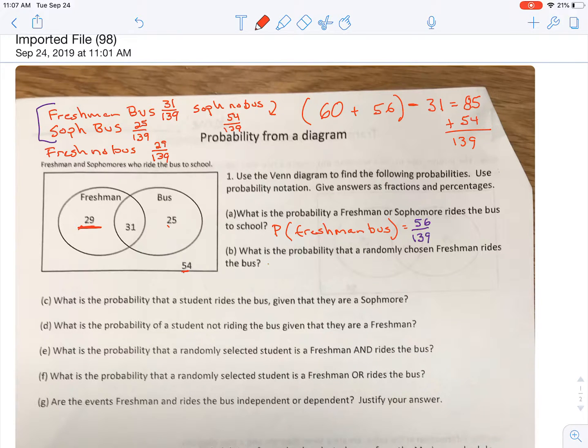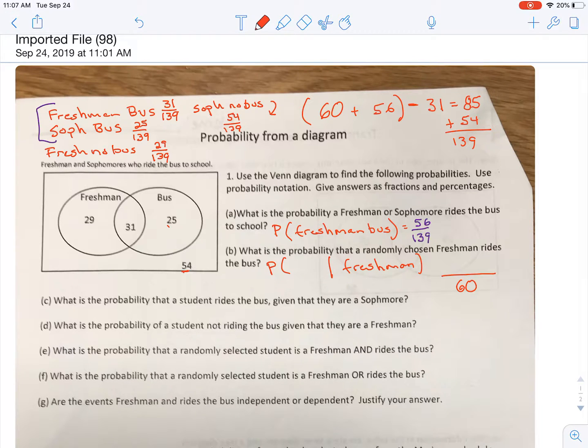What is the probability that a randomly chosen freshman rides the bus? Okay, so I think the notation is what most people would miss on this problem. A random freshman uses the bus, so that is given freshman. That means the freshmen are going to be the denominator. How many freshmen are there? Well, that's all these two together, right? So that's 60 freshmen.